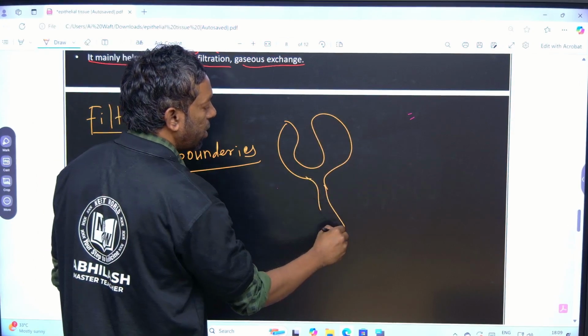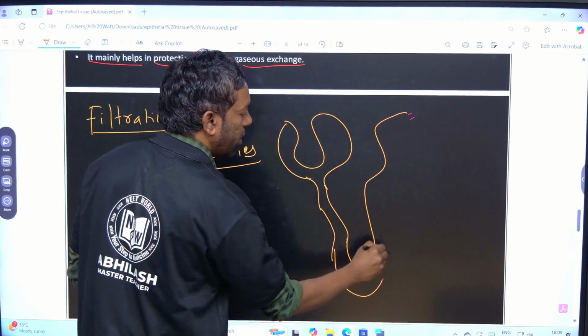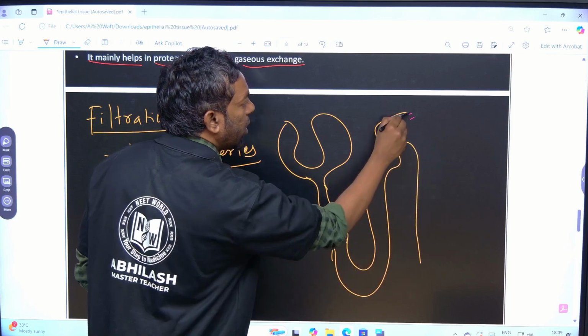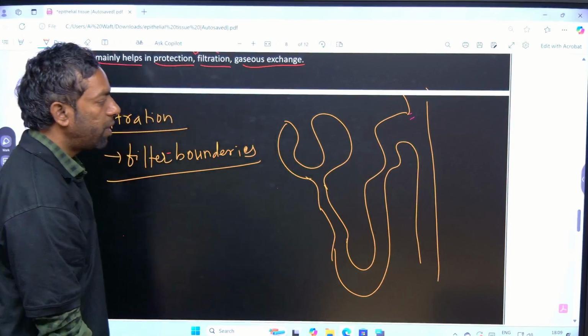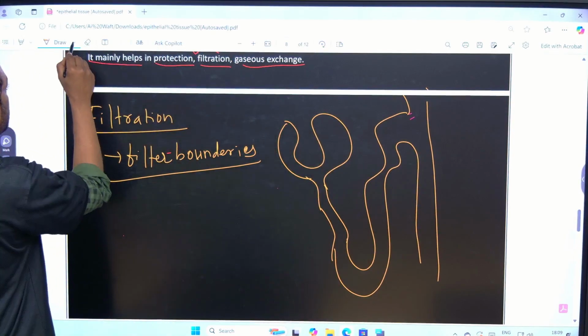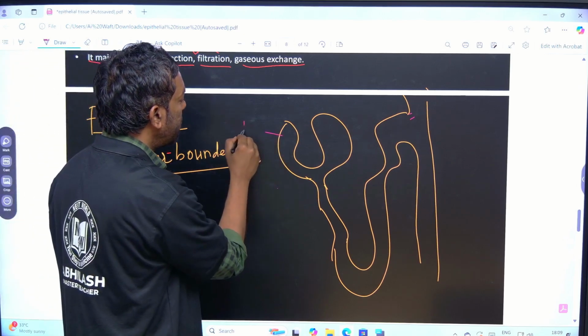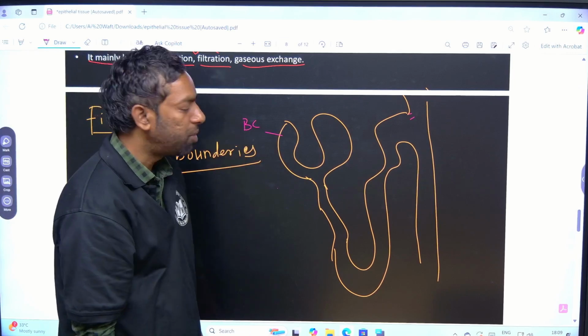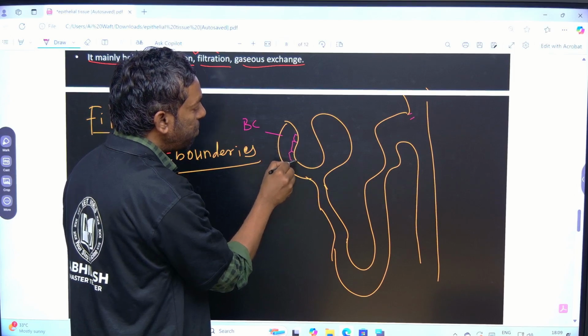This is the nephron. In the nephron, this is Bowman's capsule. Bowman's capsule wall is made up of squamous epithelial tissue.